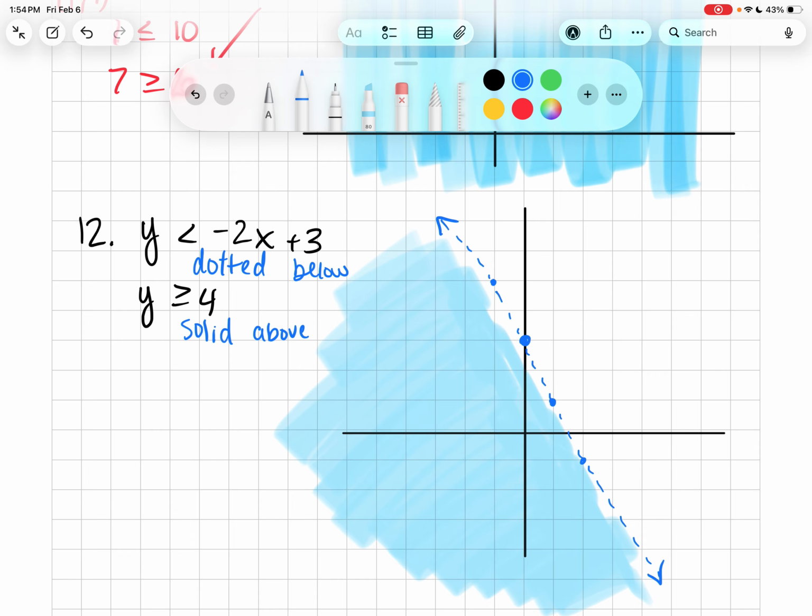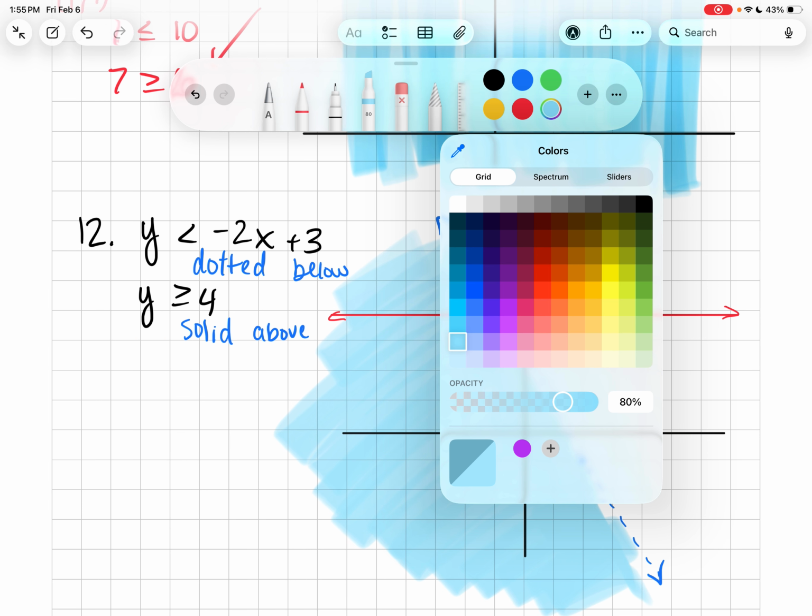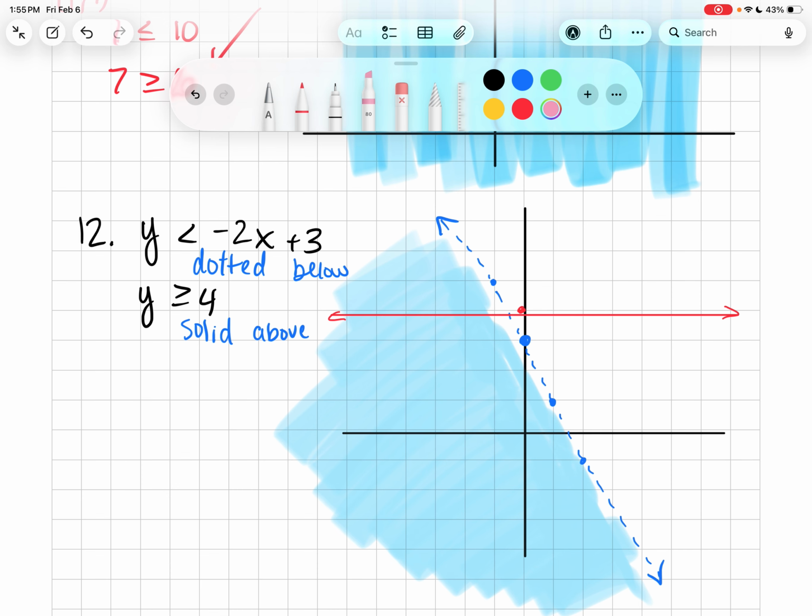Now my other one, y is greater than or equal to 4. So I'm going to go to 4. It's solid. So I'm going across through there, and I am shading above.